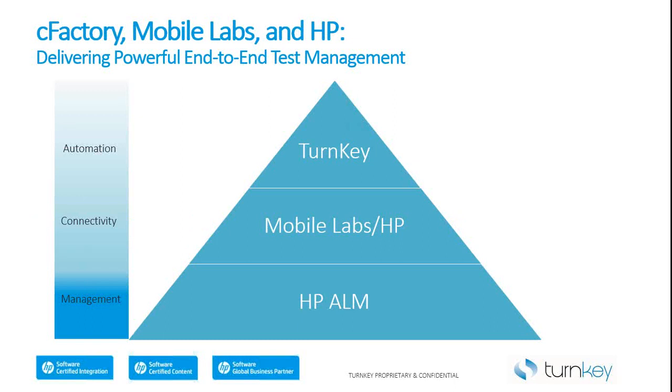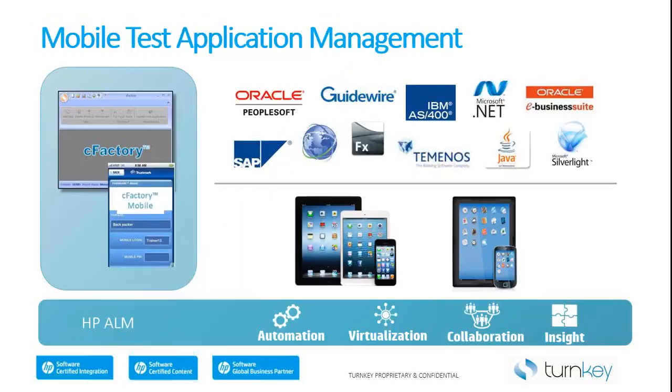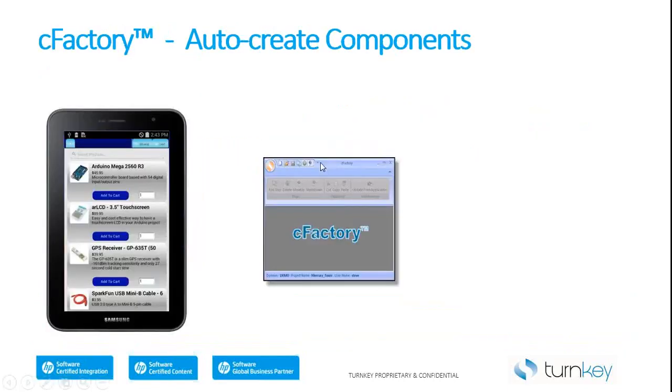And really, you know, if you look at kind of how it works, we partner with mobile labs and with HP. This is again, an HP ALM-based solution. It works against all those applications I just talked about, and then again, anything that's supported by UFT or by the TurnKey add-in library. So wide variety of application types are supported here.